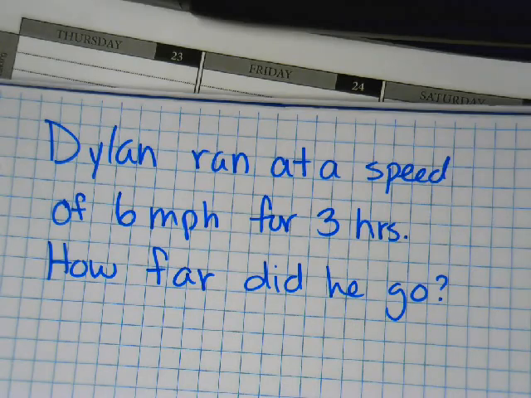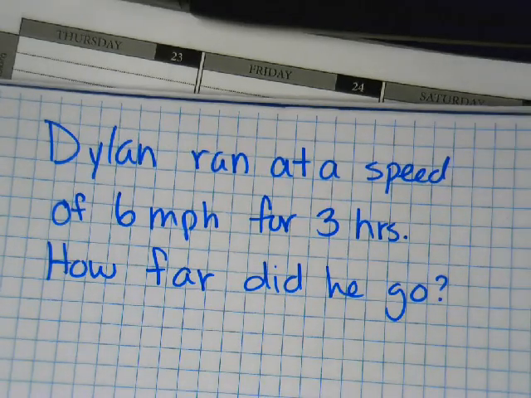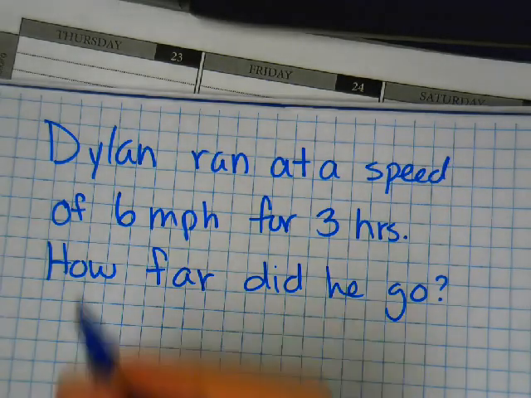So cover up the letter D. What math is shown? S times T. So literally, hold this in your hand, and you can see the math. You can be like, oh, it's right here. S times T. This is how we're going to make it so easy for you. Speed times time.